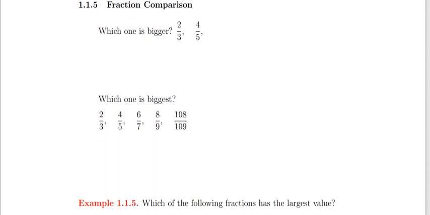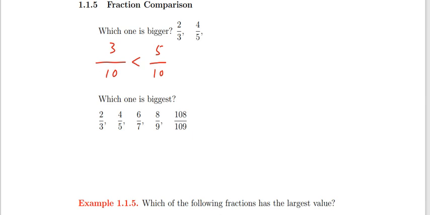So for fractions, we want to compare which number is big. If the denominator is the same, we just need to compare the numerator. Let's say here if it's 3/10 or 5/10, which is big? This is really easy, right?